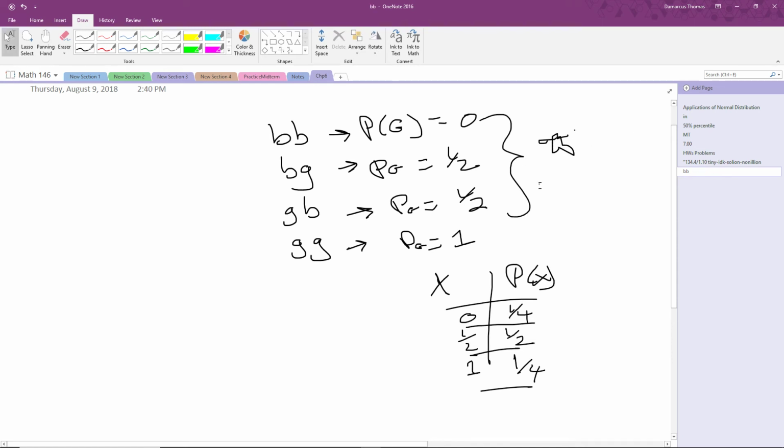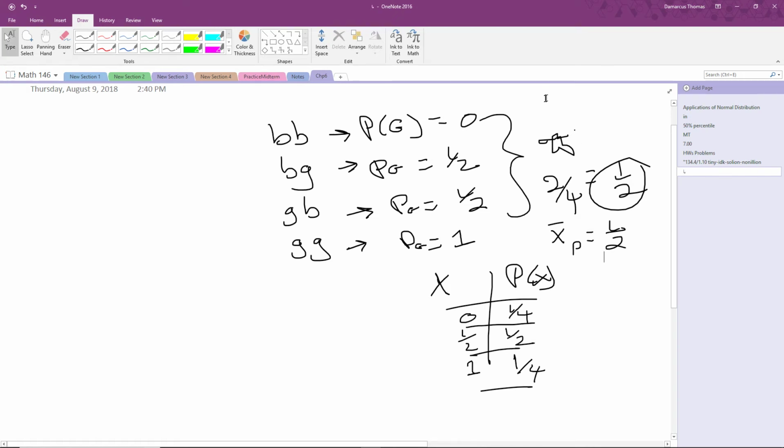So the average of the proportions is a half.